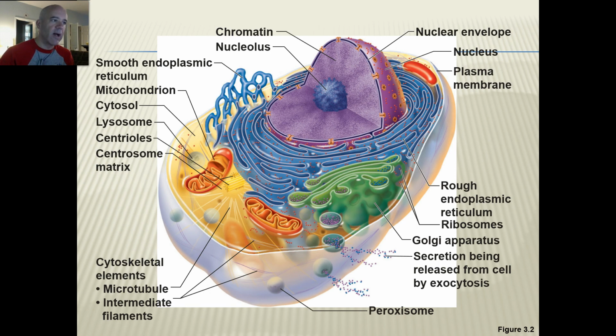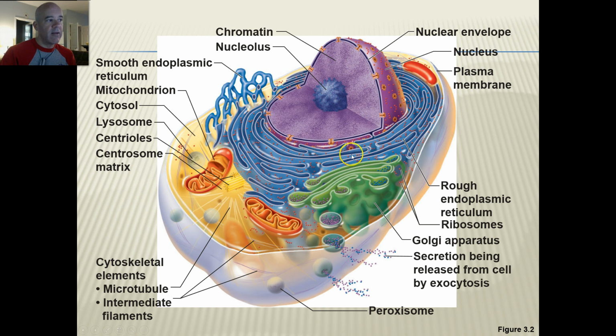Now here's the diagram from your textbook, which is showing you a generic human cell and all of the various parts that you would find on the inside of a typical human cell. The cell's been cut open for us so we can see the inside. So this big purple structure here is the nucleus. Chromatin is another term for the DNA that's located inside the nucleus.